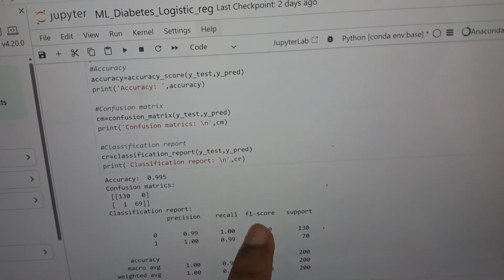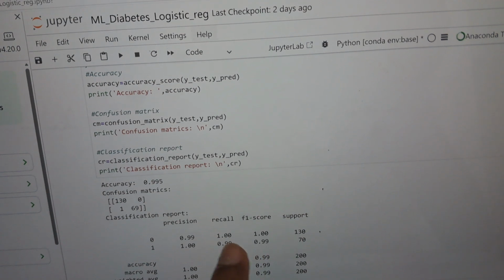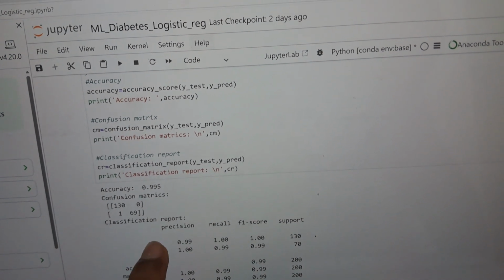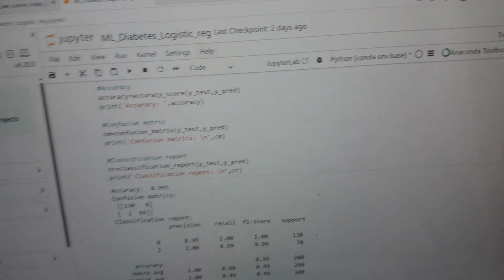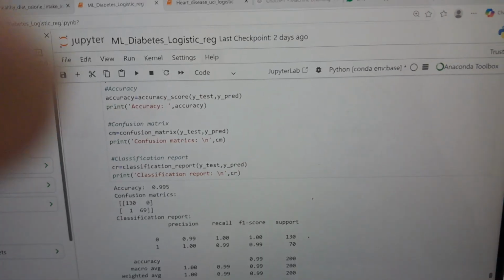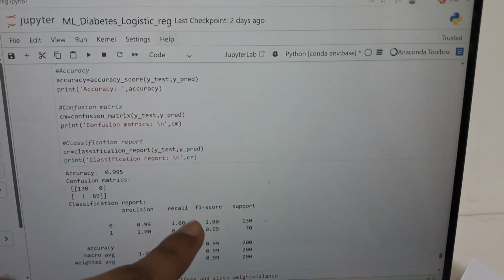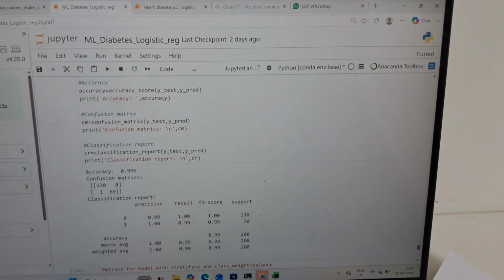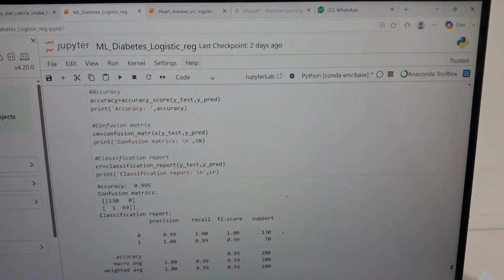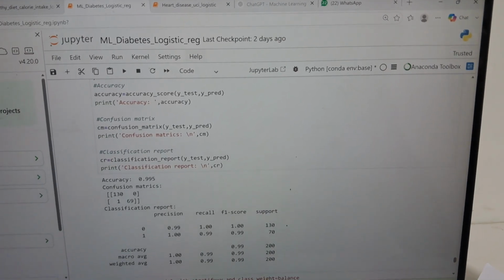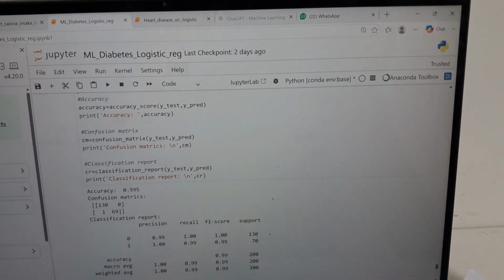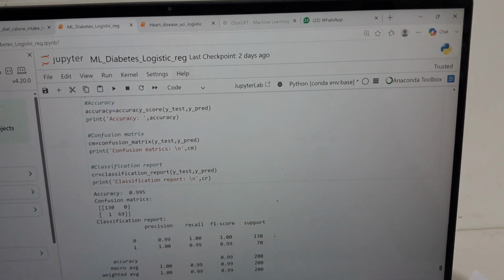So for class 0 you got 1, for class 1 you got 0.99. Class 0 F1 score is 1, means 100%. So your model is 100% in predicting class 0, non-diabetic. Class 1 F1 score is 0.99, means 99%. So your model is 99% accurate in predicting class 1, diabetic.